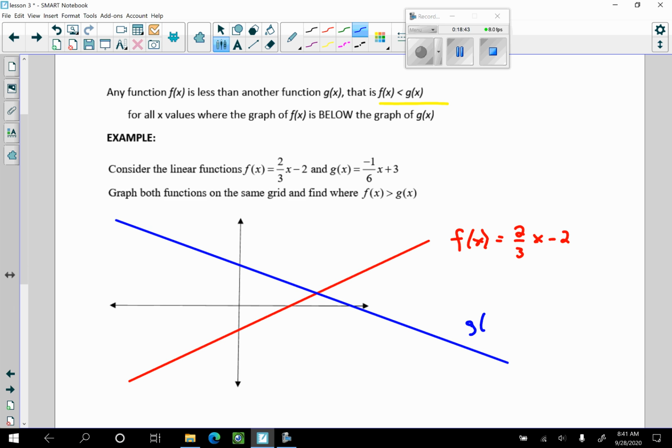So this is going to be g of x, which is -1/6 x plus 3. I've graphed both functions, and I want to find out where f of x is above g of x, i.e. where red is above blue.